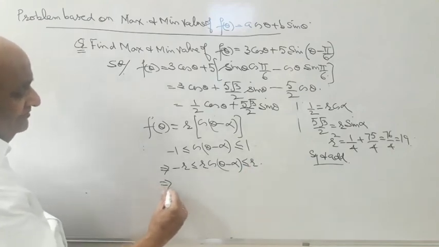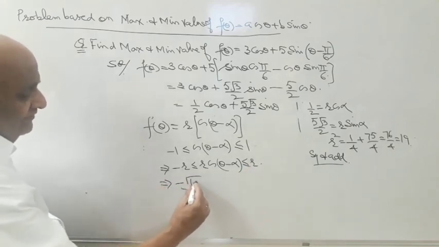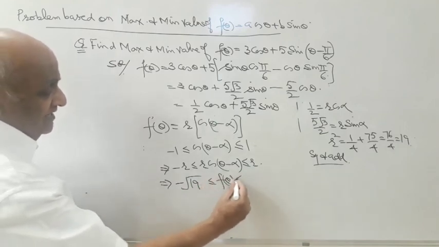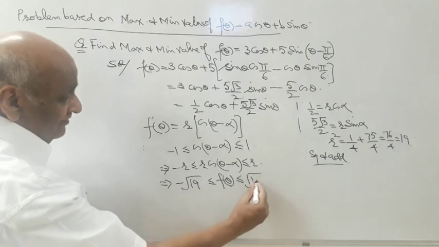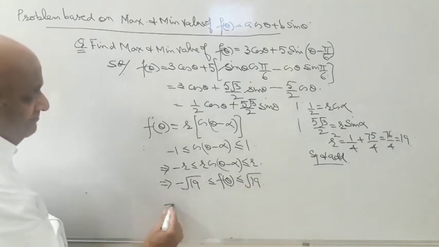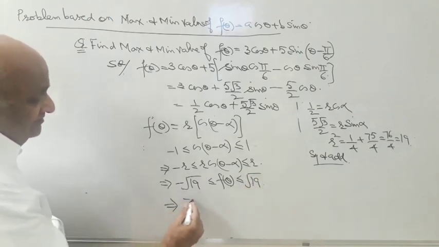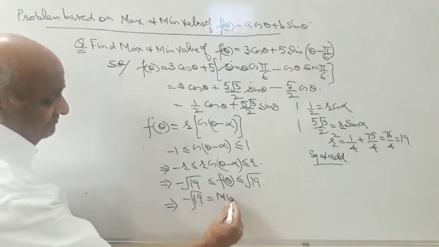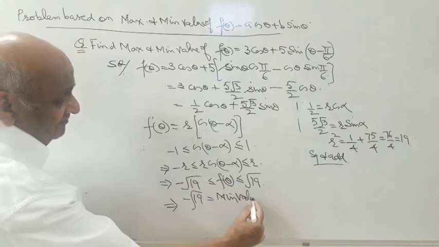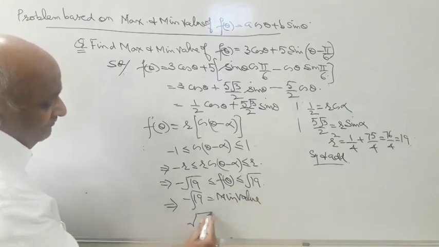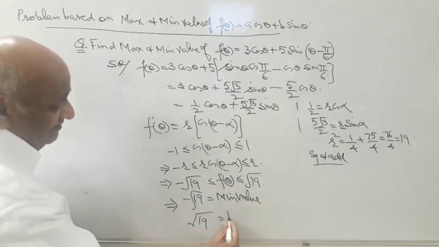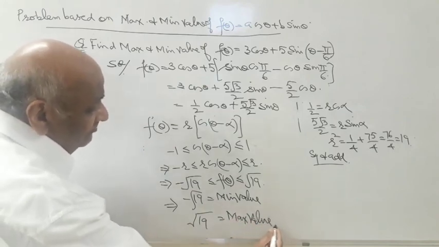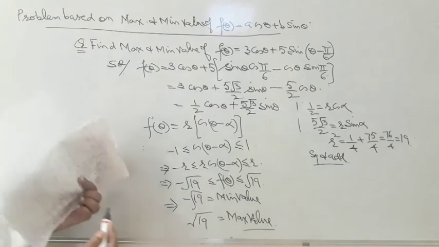Now this implies minus under root of 19 less than or equal to f theta less than or equal to under root of 19. This implies minus under root 19 is the minimum value and under root of 19 is the maximum value. In this way you can find out the maximum or minimum value.